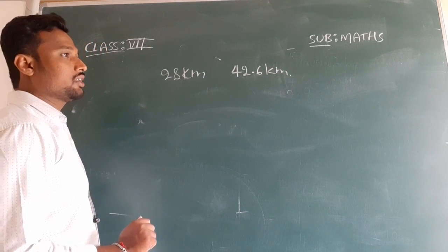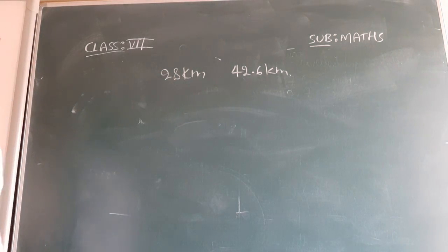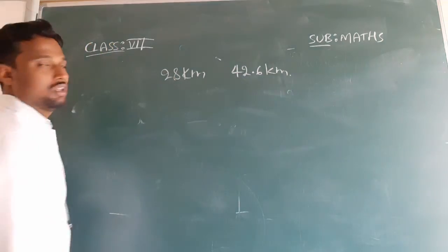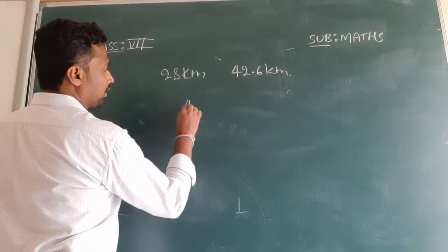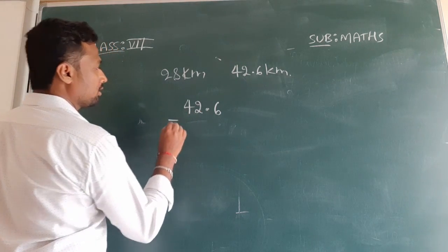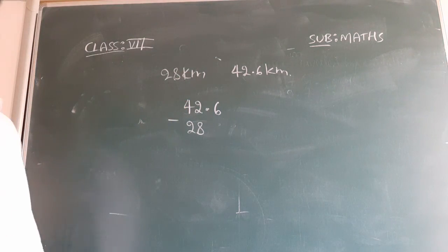How will you subtract? Here 42.6 is greater than 28. So I will subtract 28 from 42.6. So first I will write 42.6 here minus 28. We don't have any decimal value here.